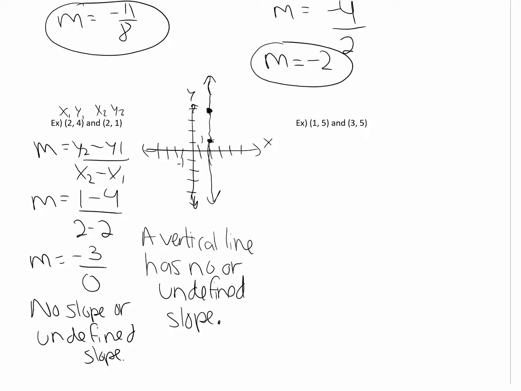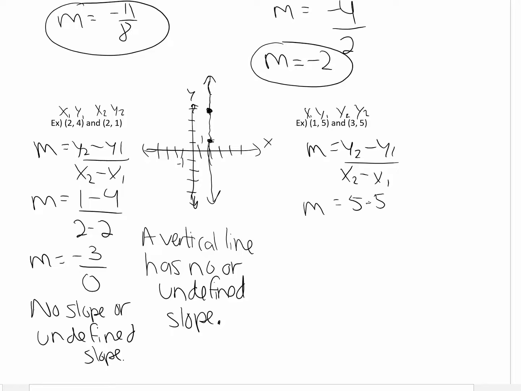Okay, one other example I want to take a look at. So again, we know the slope is y2 minus y1 over x2 minus x1. So I'll label x1, y1, x2, y2. So here we have zero slope.